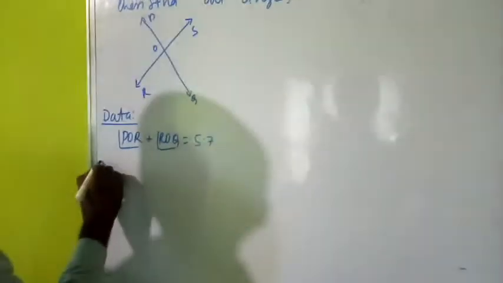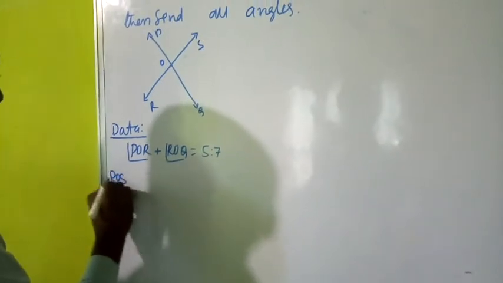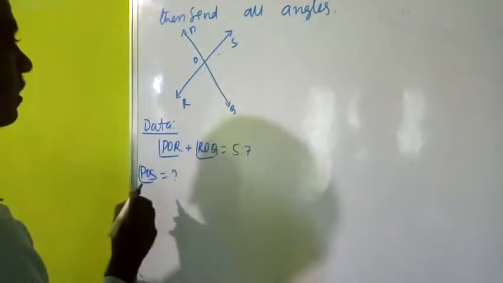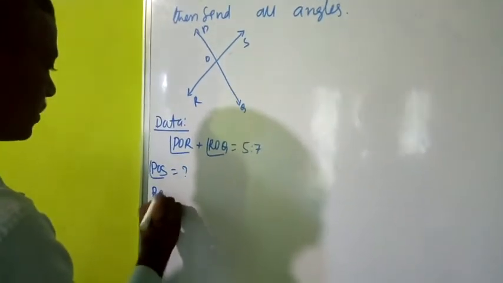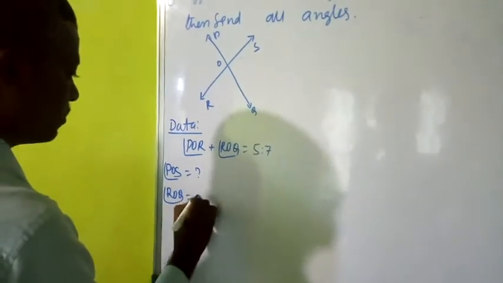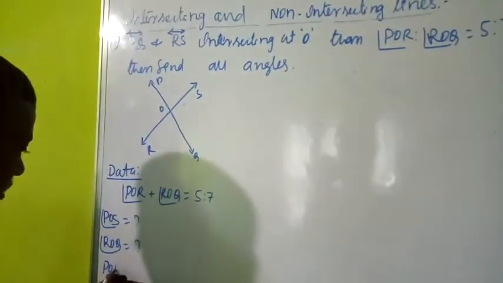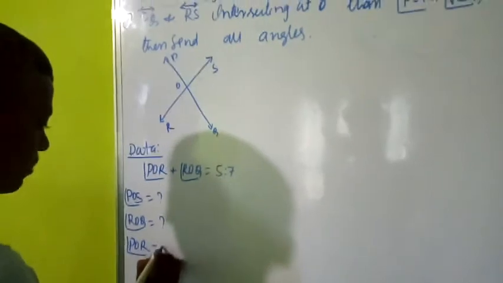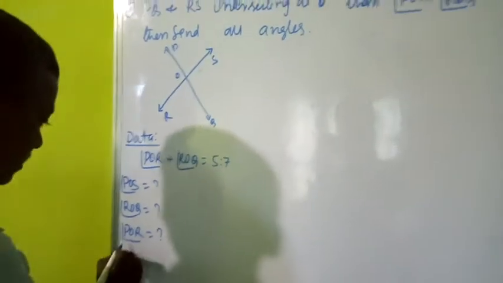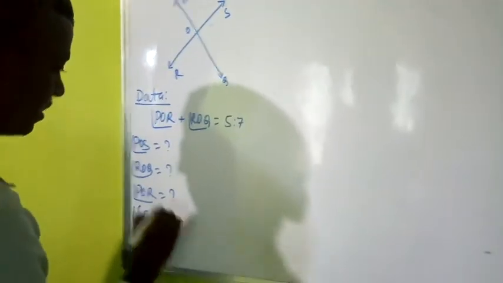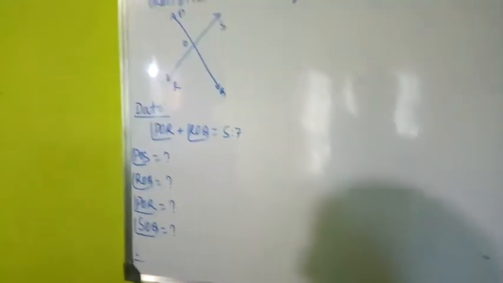It means angle POS is equal to question mark, angle ROQ is equal to question mark, angle POR is equal to question mark, and SOQ is equal to question mark. All four angles we shall find out here.